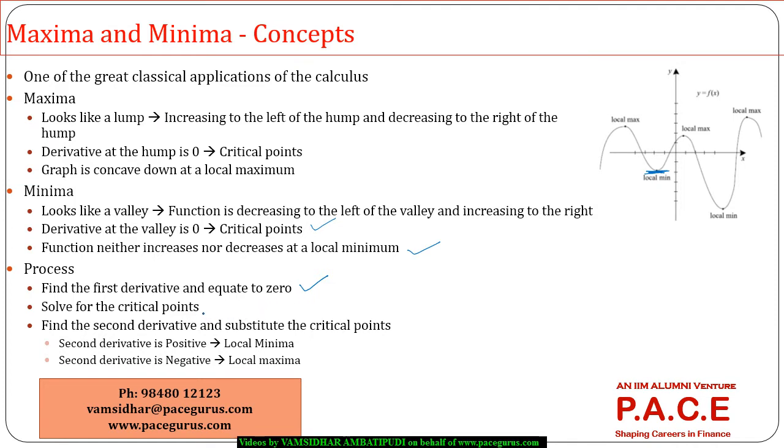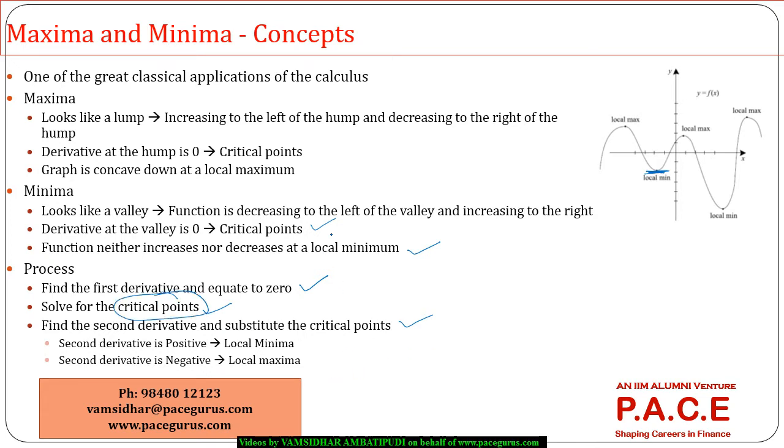Once you have equated it, you will be able to solve for the critical points. You will get 1, 2, 3, any number of critical points depending on the equation. Then you take the derivative of that first derivative again and substitute all the critical points you have got.